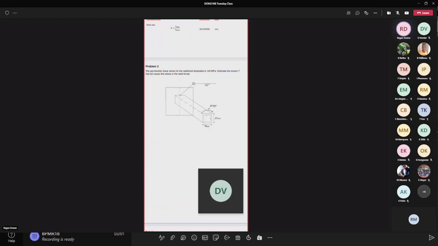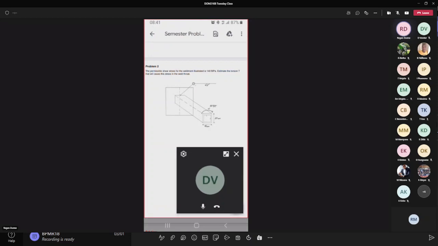So you need to estimate T, the torque that's applied. Once again, this is a torsional problem because you have twisting. That tube is twisting about the centroid. It's not bending, it's twisting. All right.